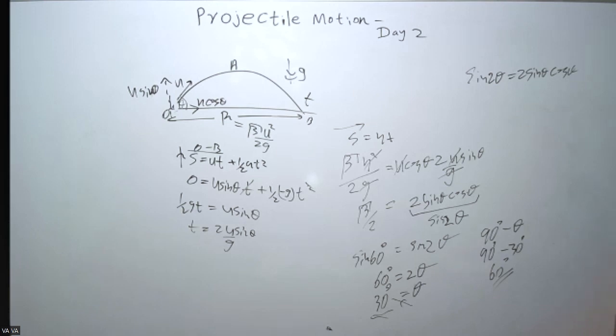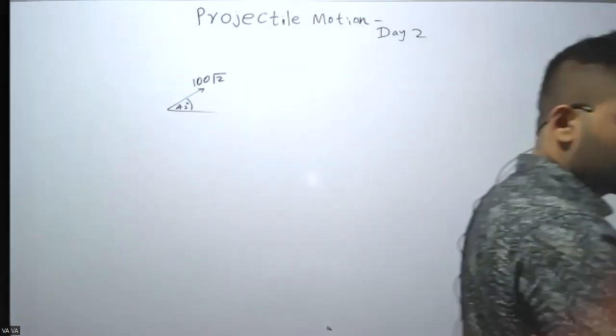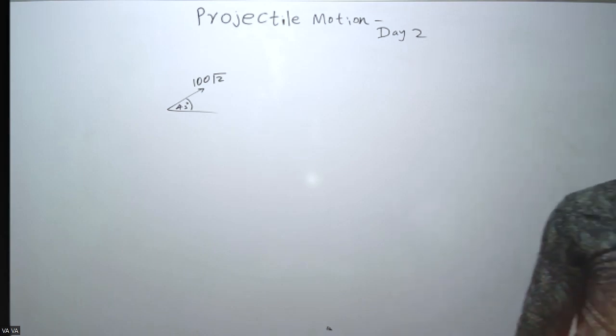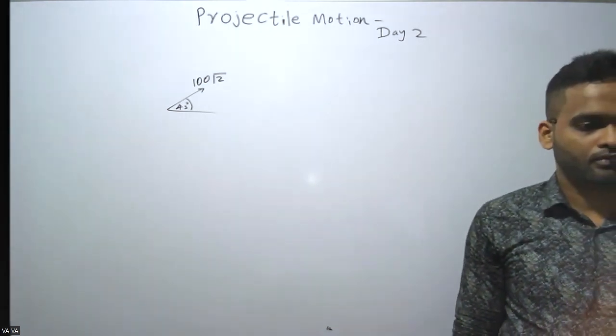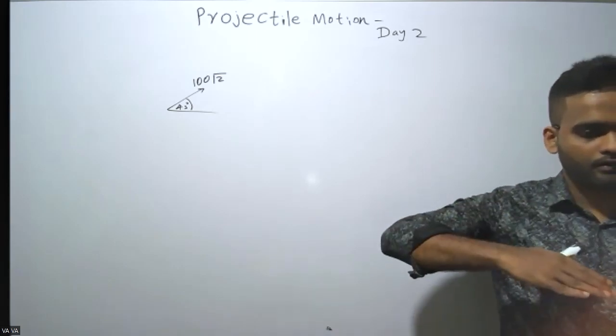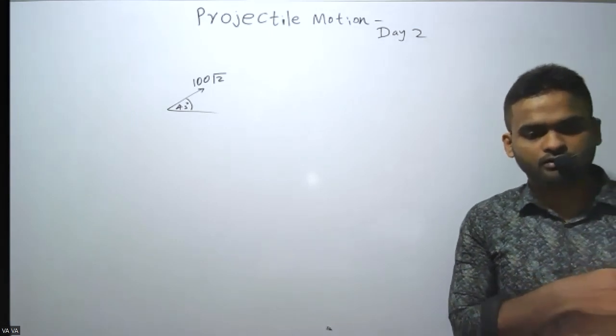Try 12th question. Separate this into components. 100 root 2 sine 45, cos 45. So cos 45 and sine 45 both are 1 over root 2, right?